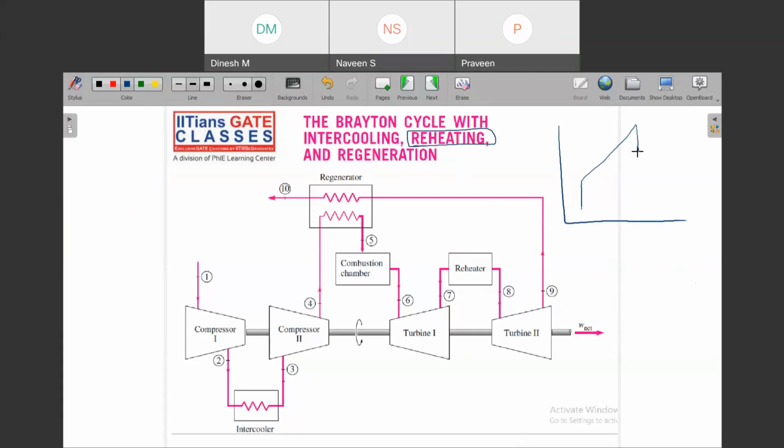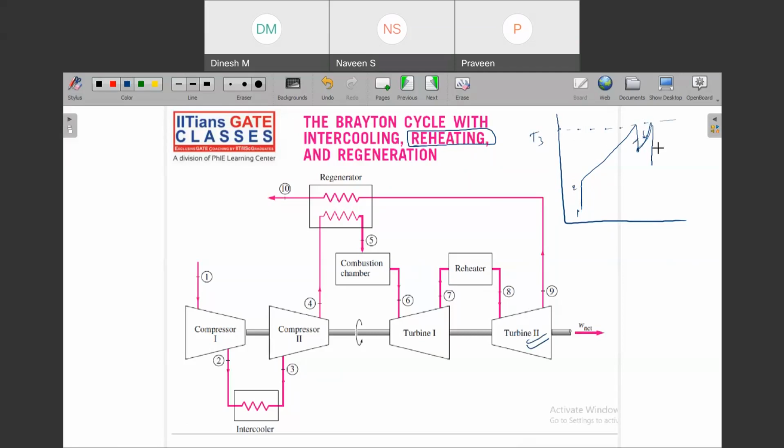So what happens is that when you are already here, what is the idea? Can't you heat it again to this temperature? Like if this is 1, this is 2, and this is T3, and you have expanded till this point, why don't you heat it again at constant pressure and then expand it again in another turbine, right?